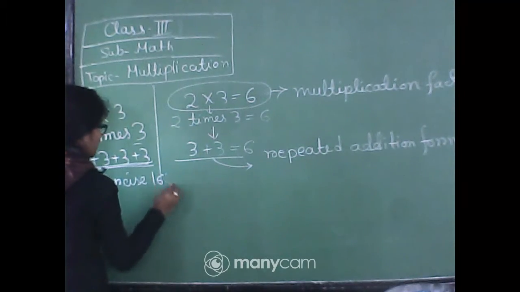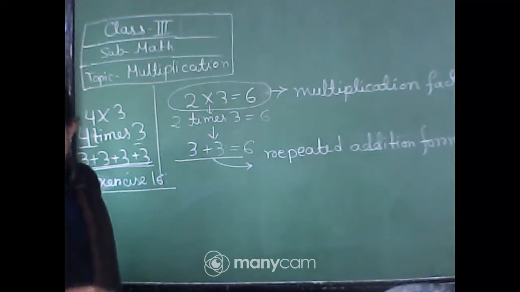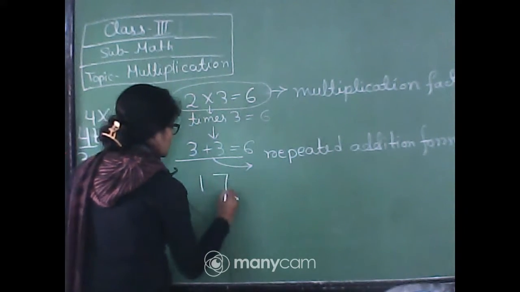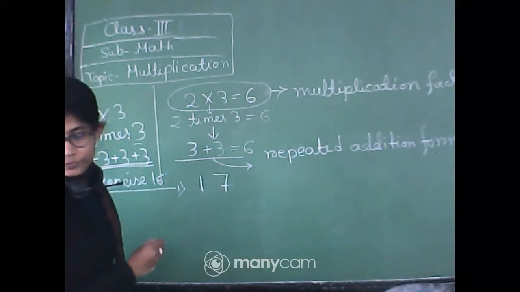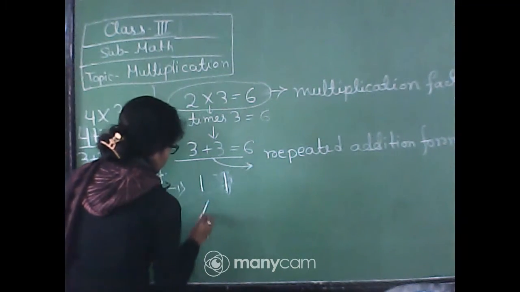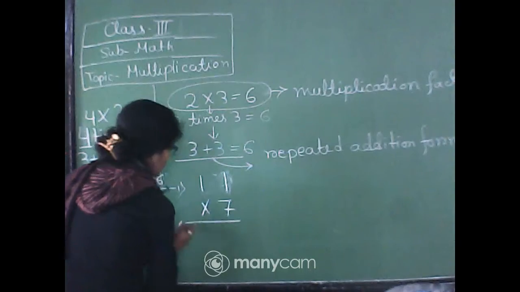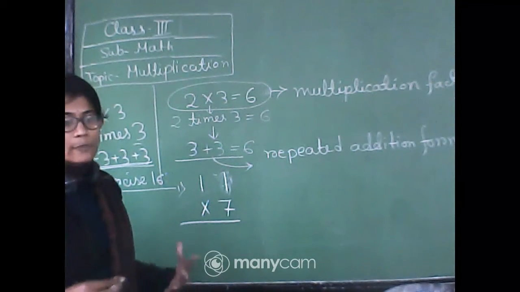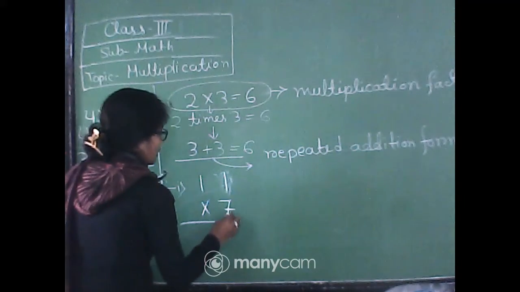Exercise 16. Look at the first example. The first one is very easy: 17 multiplied by 1. So how do you do the multiplication? Simple.